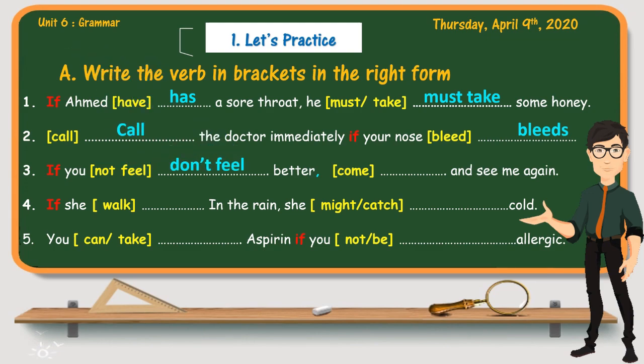Sentence number 3. If you don't feel better, negative form, not feel. If you don't feel better, come and see me again. Sentence number 4. It starts with the if part. So we use the simple present with the if part.